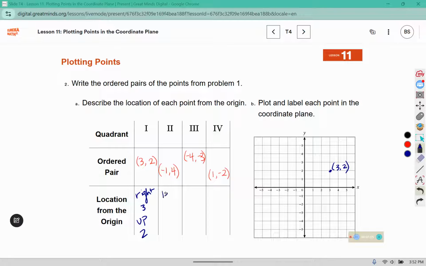This would be left 1 and up 4. This one would be left 4 and down 3.